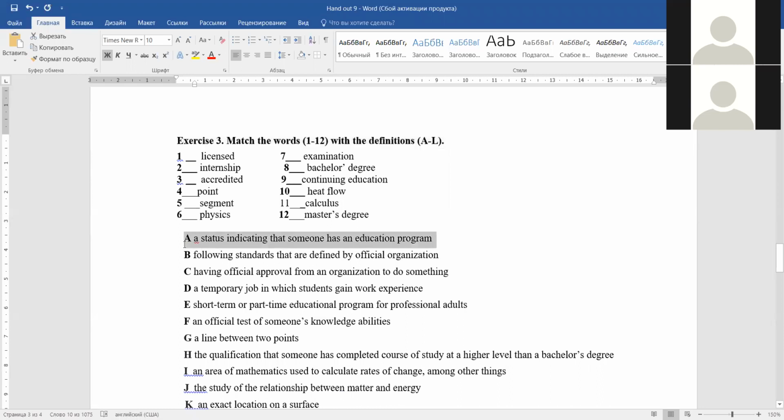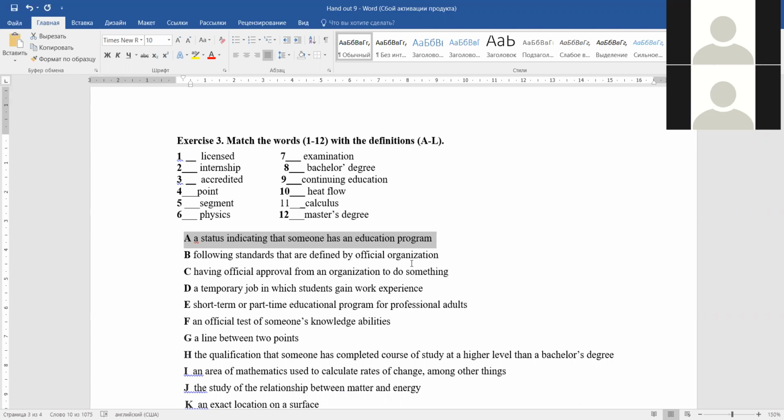Status indicating that someone has completed an education program. Статус показывает, что кто-то закончил образовательную программу.